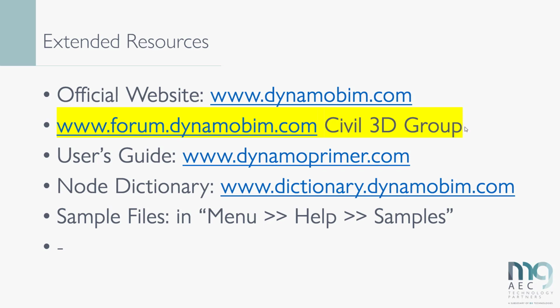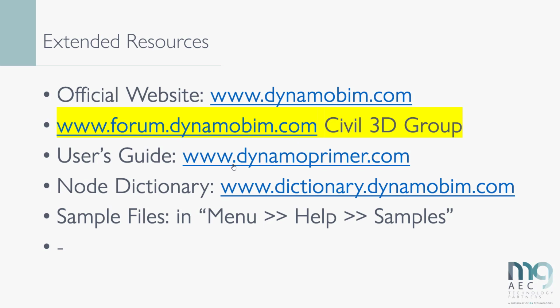If you get into it, if you have questions, you can really be posting them on this forum, and people are just wonderful about answering your questions, collaborating on things, sharing code that they've made. So out of all these extended resources, this one is the most important, I would say. This forum, dynamobim.com.